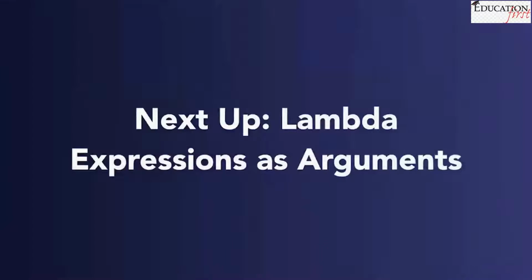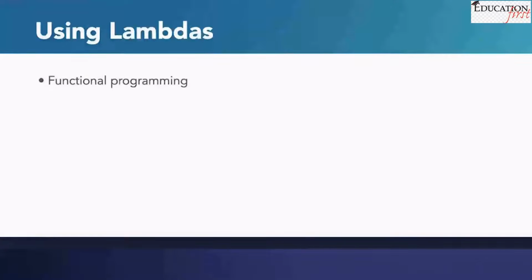In the next video, we're going to have a look at how we can use lambda expressions for method input in our coding. Lambdas are used in functional programming a lot. You may wonder why or how exactly, but we can use a lambda expression as input for a method. And this actually gives us the power to inject dynamic functionality in the method.